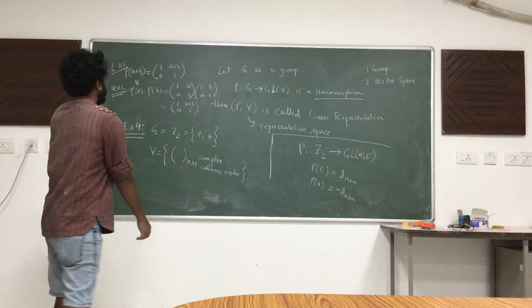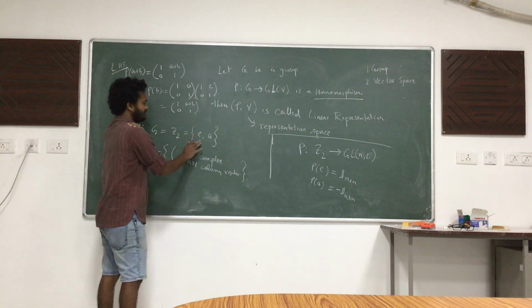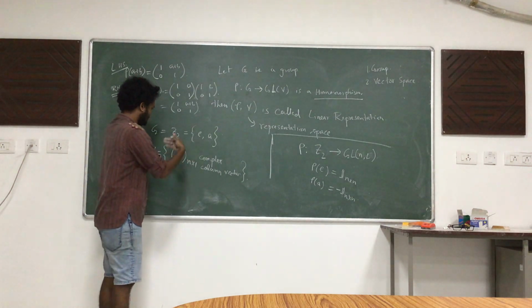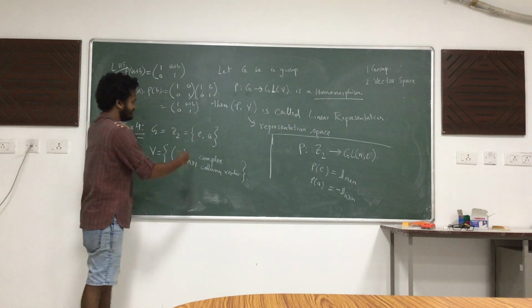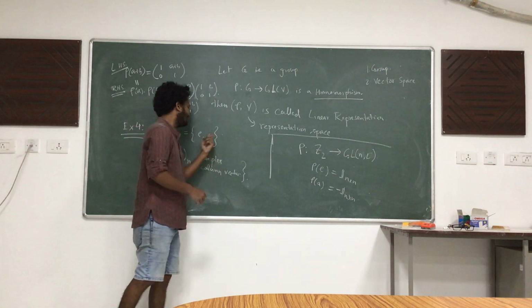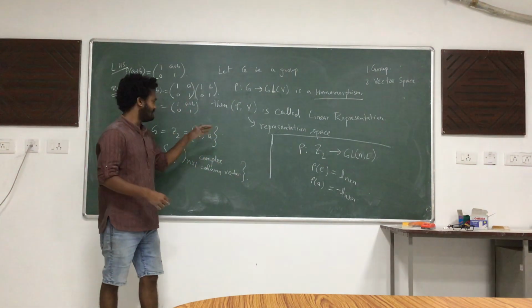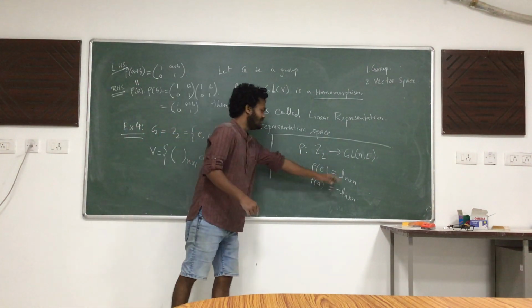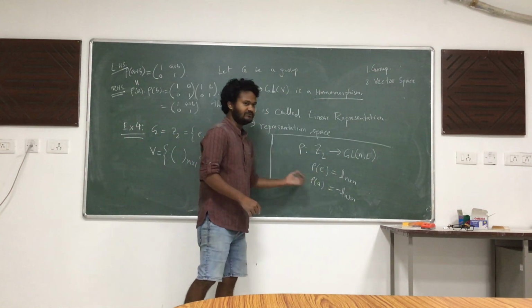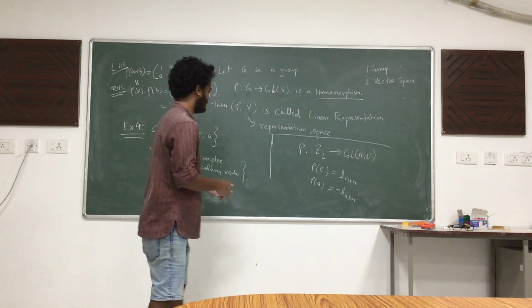Okay, so Z2 is an abstract group where the multiplication table is explicitly specified as e times a is a, and all these things. And for any vector space, we can give a representation from Z2 to GL(V).